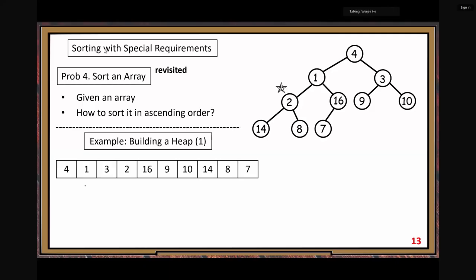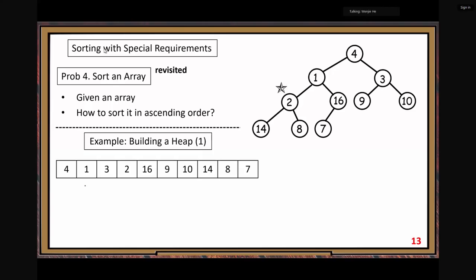That's not good enough. You want to make sure globally you have that max heap property. The question is, how do you make sure your heap is a max heap globally? That's the main question.